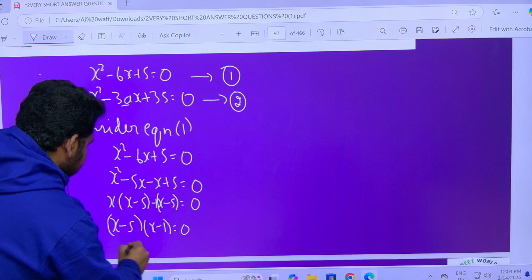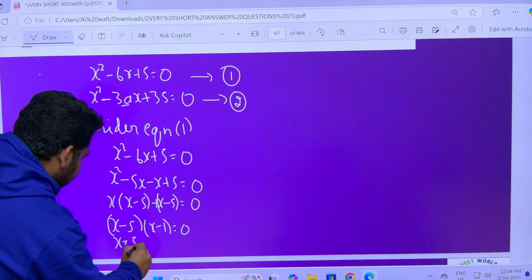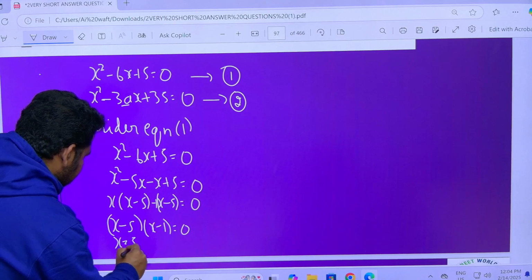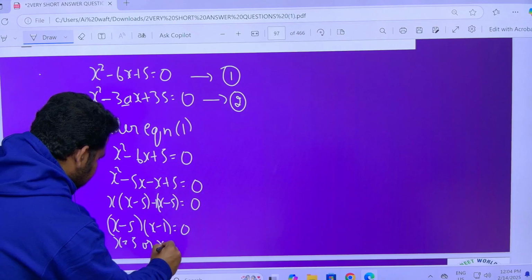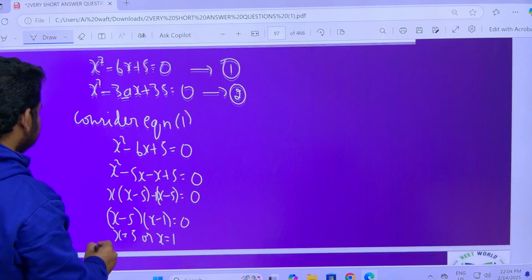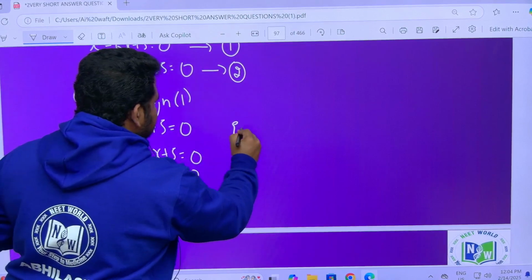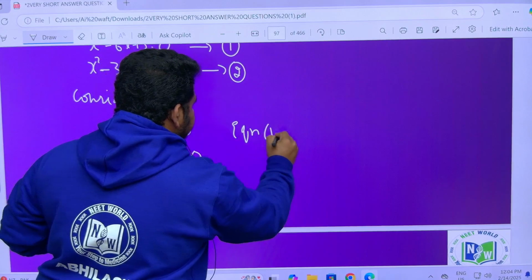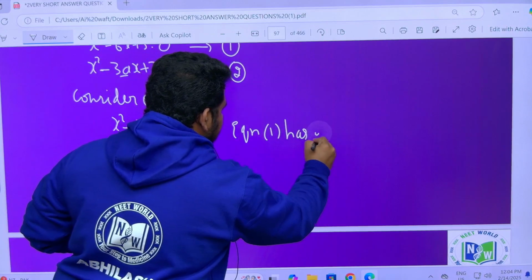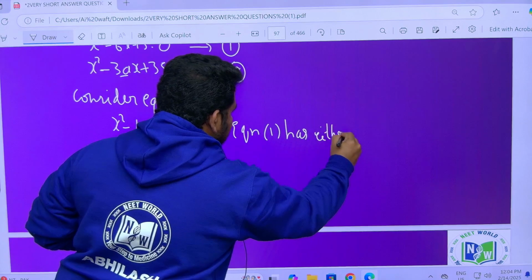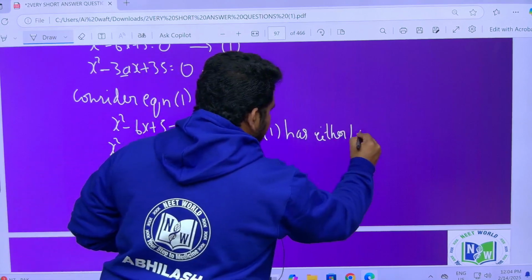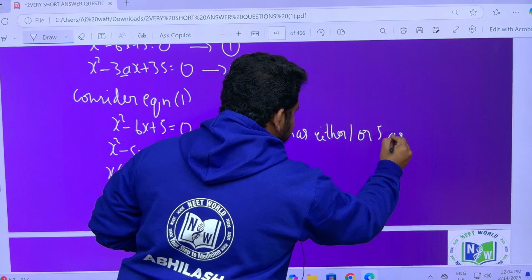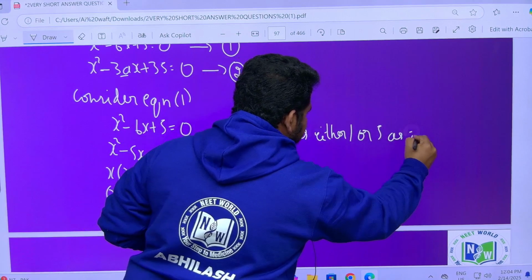Therefore x will be equal to 5 or x will be equal to 1. Therefore equation 1 has either 1 or 5 as its root.